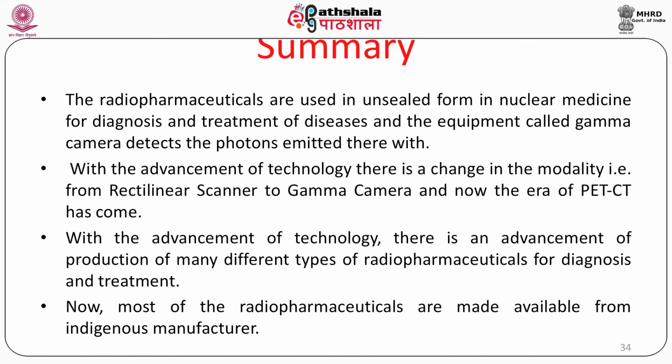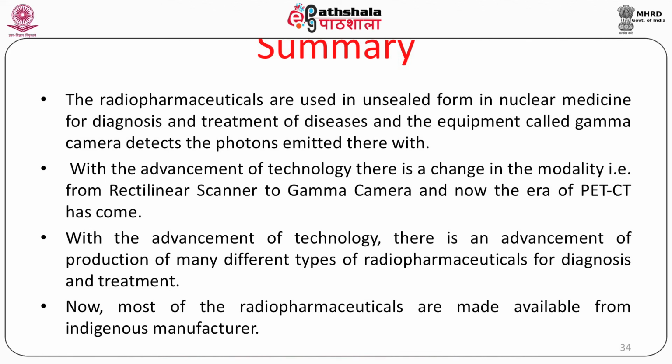With the advancement of technology, many different types of radiopharmaceuticals are produced for diagnosis and treatment. As we have reached from gamma camera to PET-CT, initially we used to talk about technetium labels, but now for treatment purposes, various new radiopharmaceuticals are available.